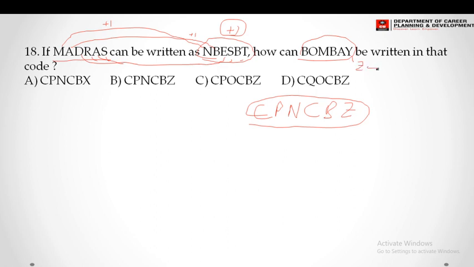Then you have to write A. This is a circle. So after Y is Z, after Z is A. So this is CPNCBZ, question number 18. So option B will be correct for question number 18.